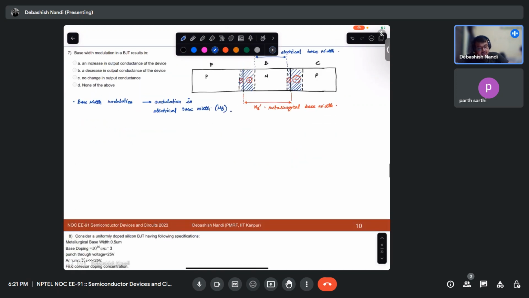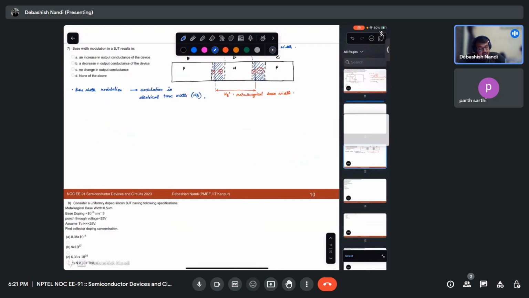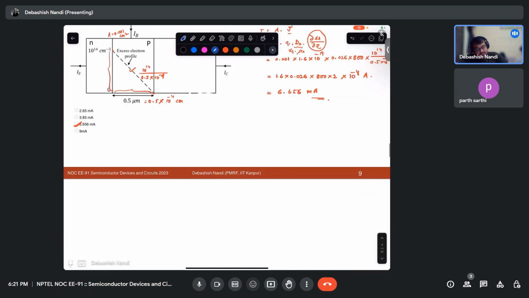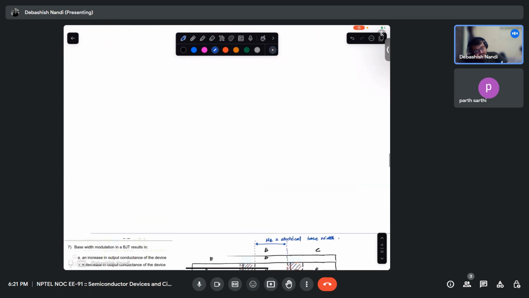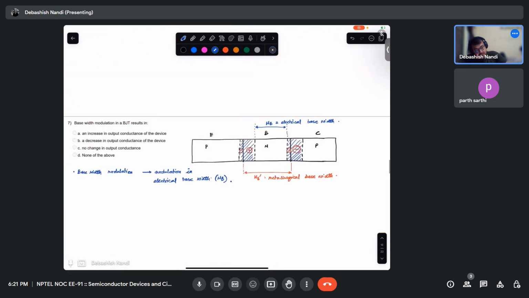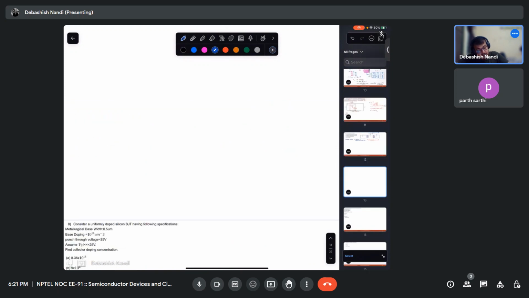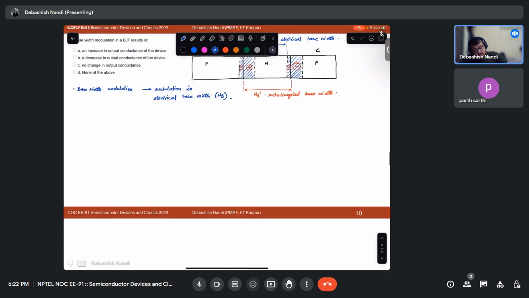Now if you see the exact phenomena, the exact IV characteristics, the actual output characteristics, how will it look like?